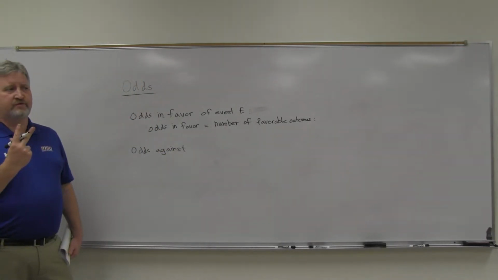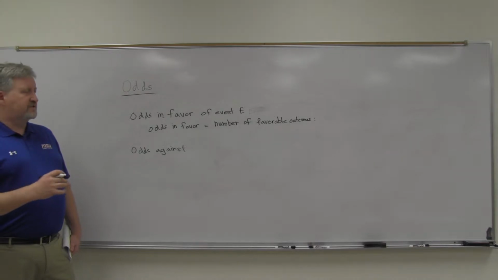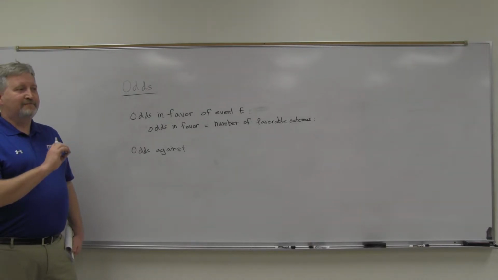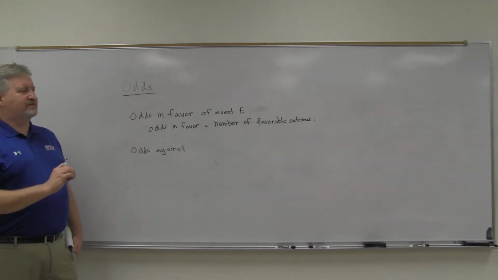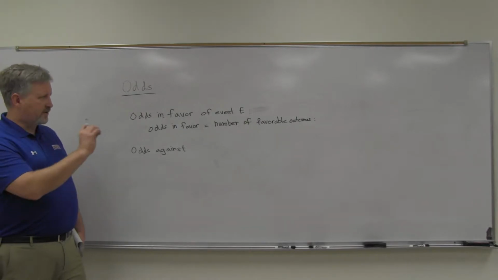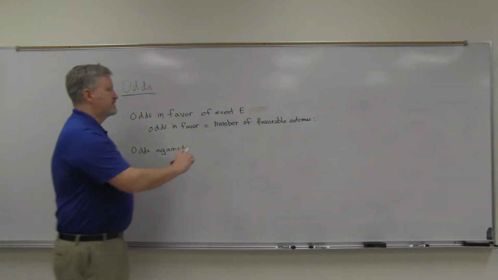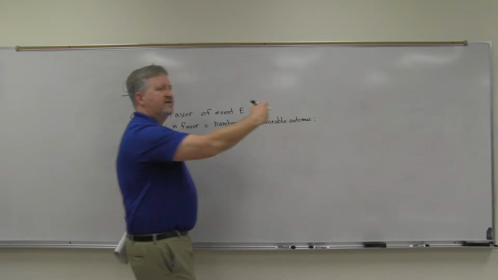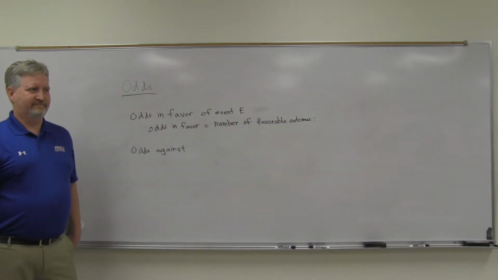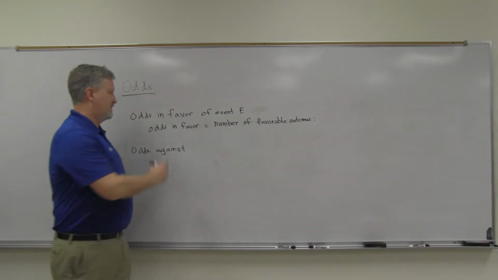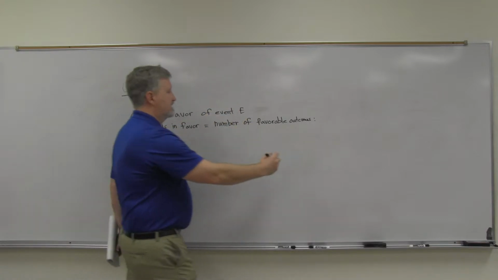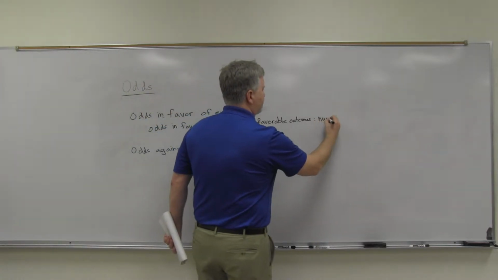There are two numbers to it, and sometimes you do see it as a fraction, but we're just going to distinguish between the two with a colon instead of a fraction. So it's the number of favorable outcomes, and then the second number is not the total number. In odds in favor, the second number is the number of unfavorable outcomes.